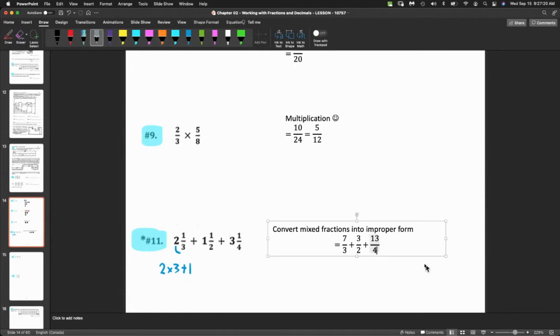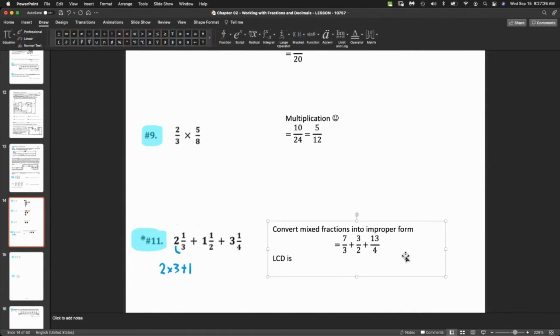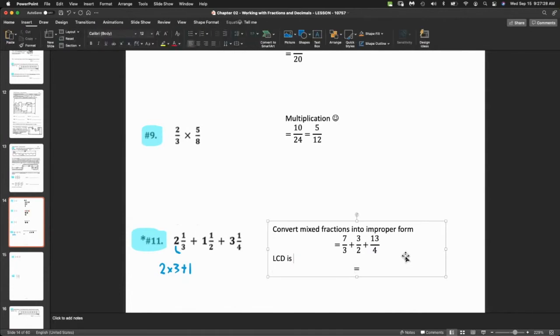So if you do this here now, the common denominator is what? What's the lowest common denominator? 12. Very good, Maria. Okay, so the first fraction, you're going to multiply by 4. So 3 times 4 is 12, and 7 times 4 is 28. The second fraction, you need to turn the 2 into a 12, so you're going to multiply by 6.